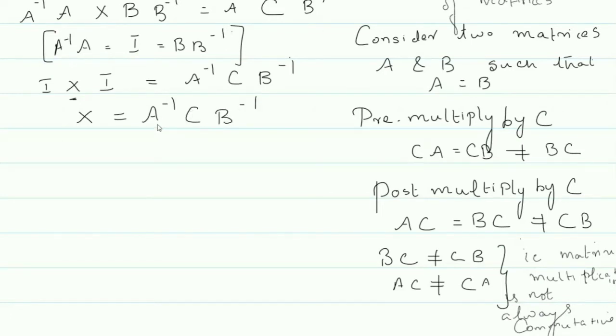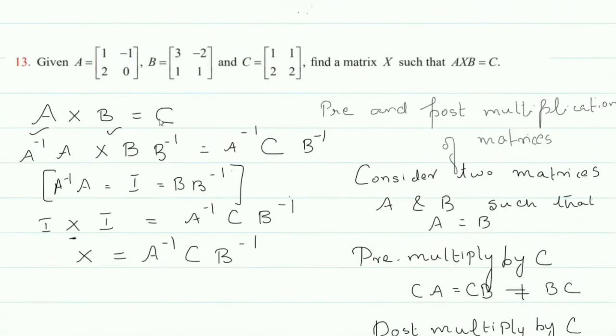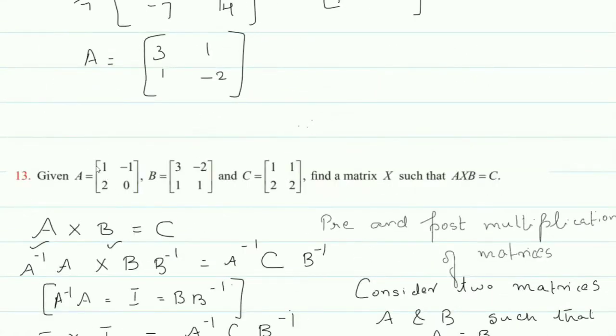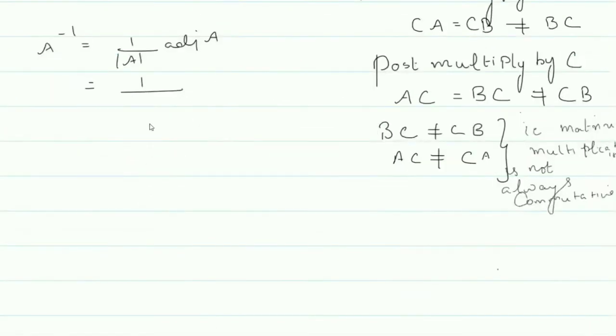So we need the matrix A inverse. We know only A. Let us write this as equation 1. Let us find A inverse, that is 1 by determinant of A into adjoint of A. Determinant of A is 1 into 0, 0, minus of minus 2, that is plus 2.